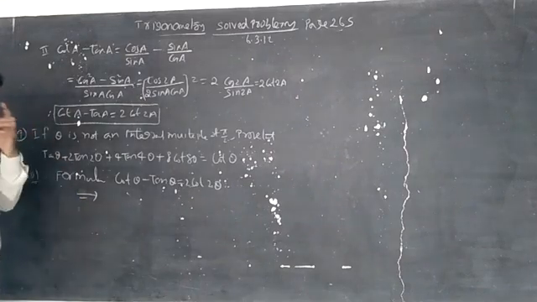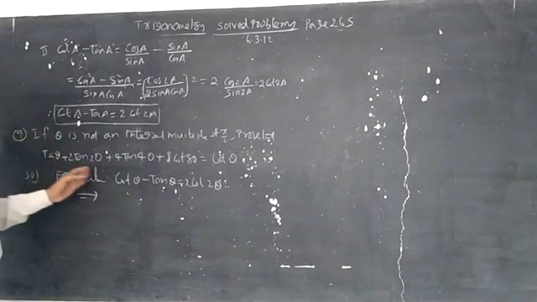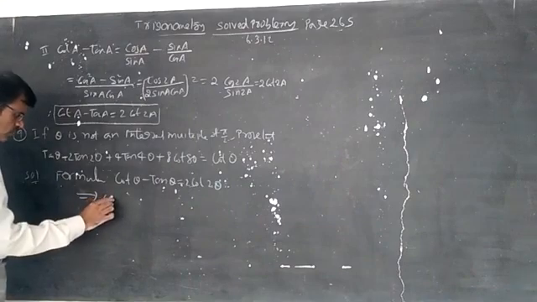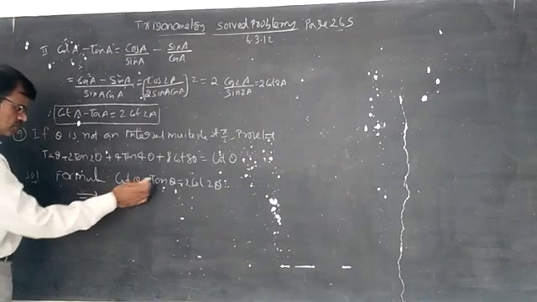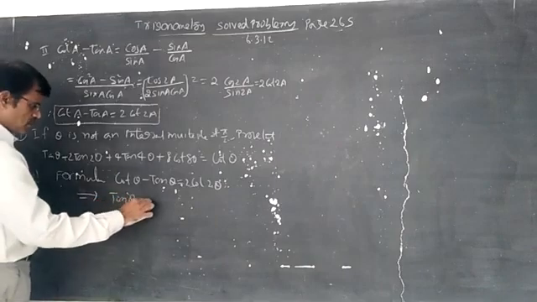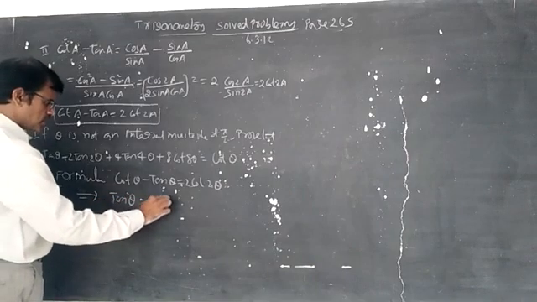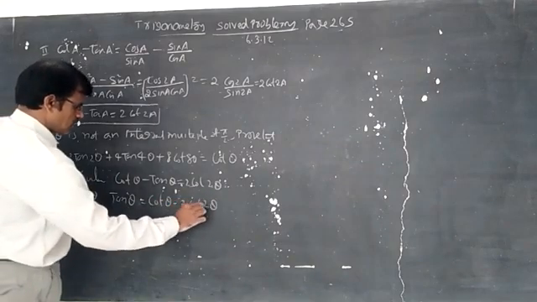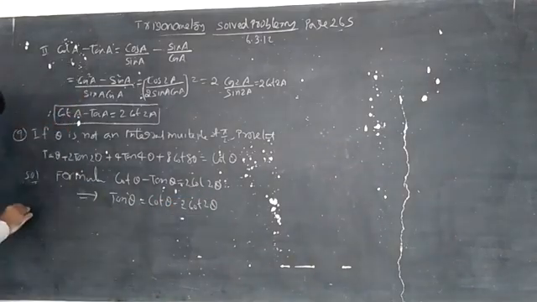Depending upon this, we should convert all tan theta terms into cot theta terms. So tan theta, taking it to that side, is equal to cot theta minus 2 cot 2 theta.